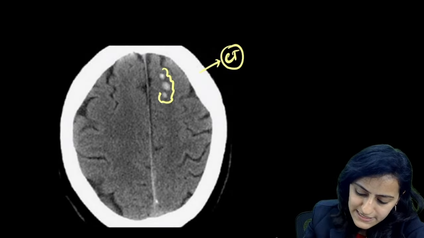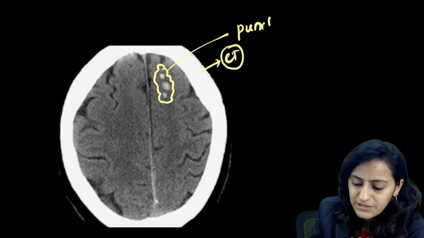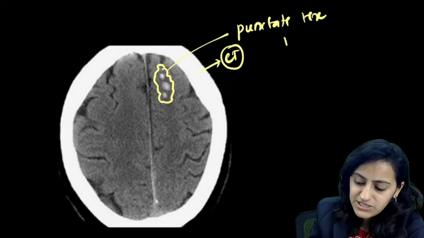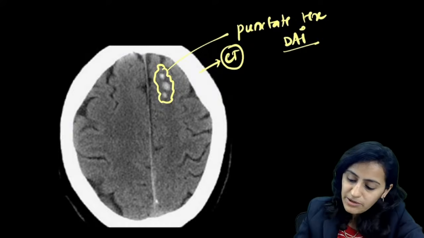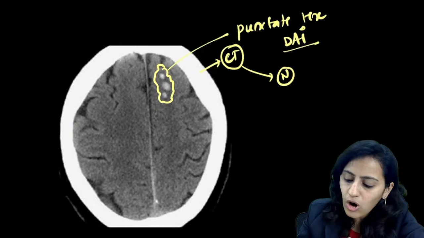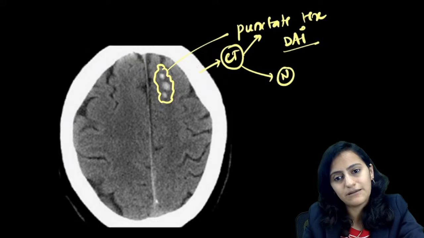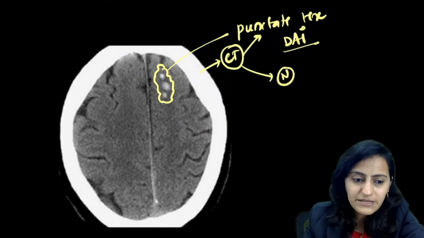And these white areas at the gray-white matter junction are the petechial hemorrhages, suggestive of diffuse axonal injury. So remember that CT scan in diffuse axonal injury can be normal or it can show the punctate hemorrhages. It's not that it's always going to be normal. Is this clear with everyone?